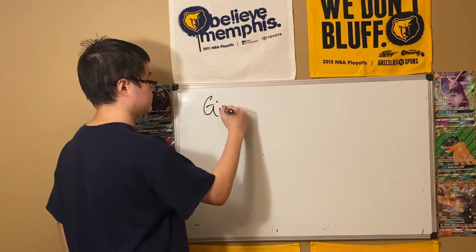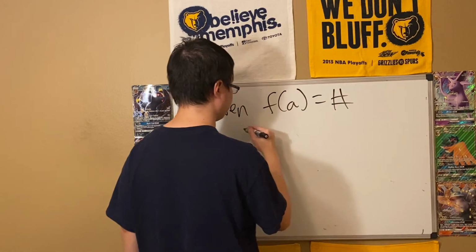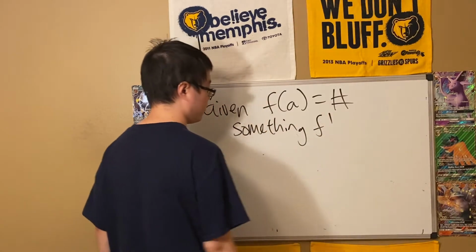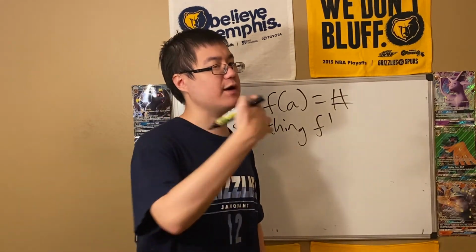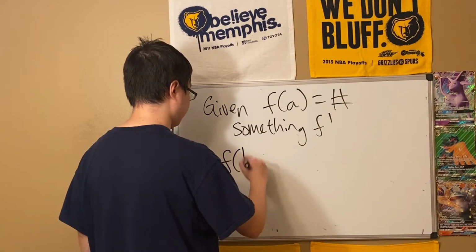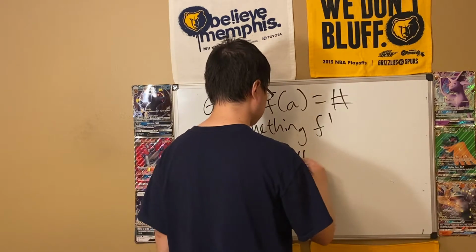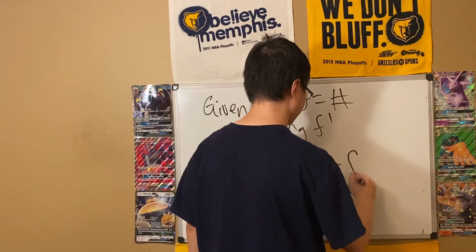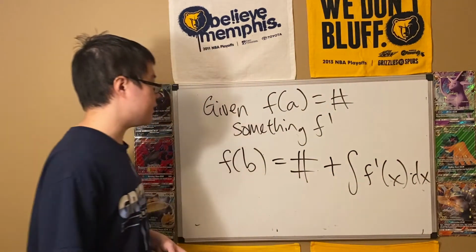The givens are always something of the form f of a equals a number, and then they'll say something about the derivative, either a graph or a table, particle motion giving you v and wanting to find s, or giving you a and wanting to find v. And then the formula is f of whatever number you want equals this number here, let's call it a pound sign, and then you add the integral of f prime, as we did in several of these examples.